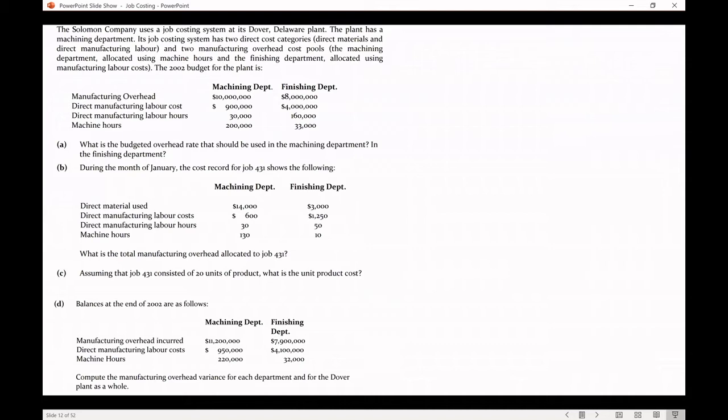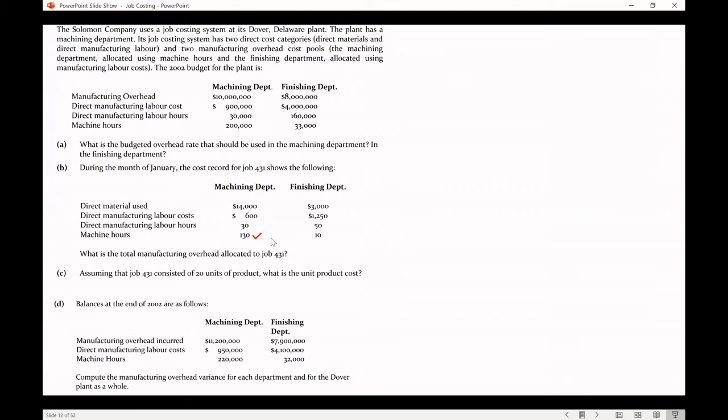So let's look at it. What is the actual cost driver for the machining department? It's going to be 130 what? Machine hours. Machine hours is our cost driver. So looking at this part of the question, we have to use the 130. We can't go back up here. We have gotten new information right here, so you have to use this information, right?